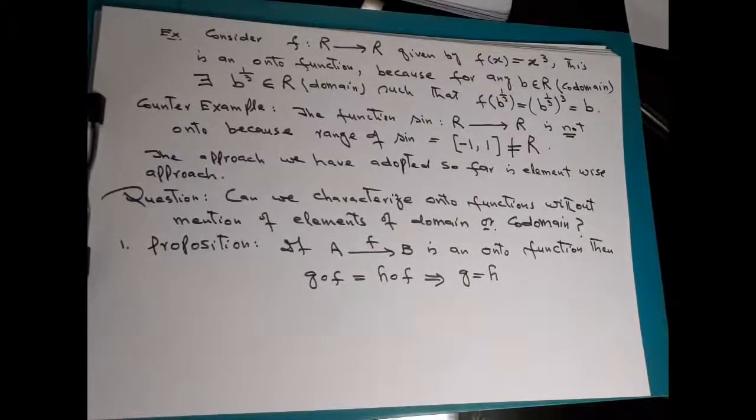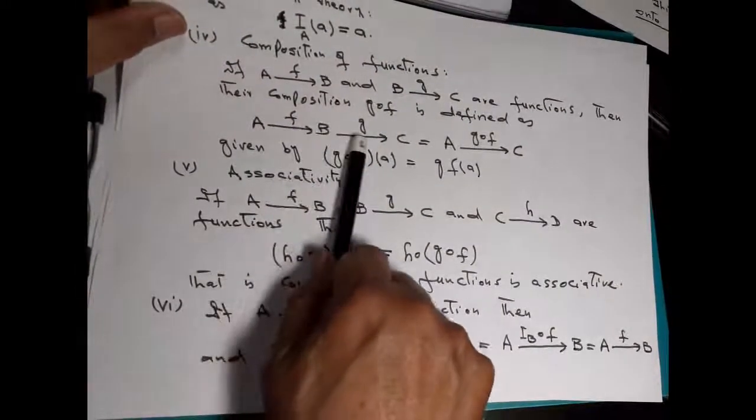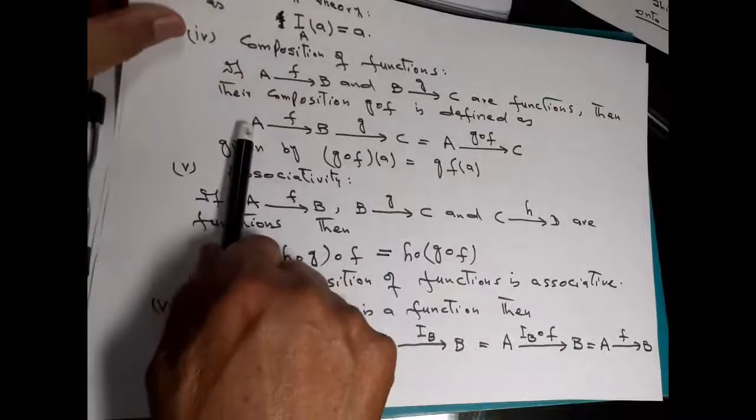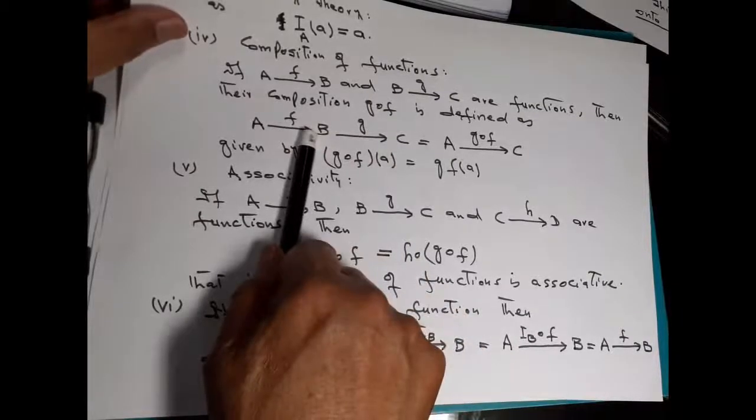Let me simply comment that whenever we talk about composition of two functions, we always keep in mind that this composition is defined. It is very important, because if we are given any two functions, it is not necessary that their composition is defined, because in order to have composition defined, what we should have is that the function f can be composed with function g if codomain of f is domain of g. So this is a very important condition.